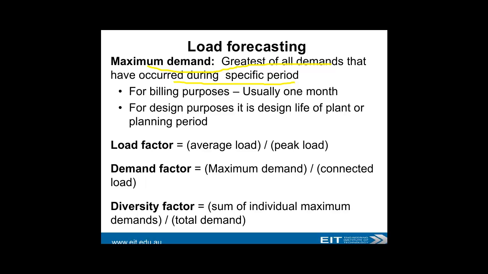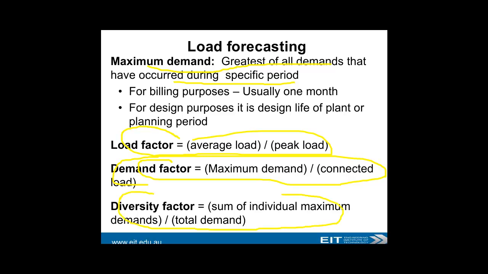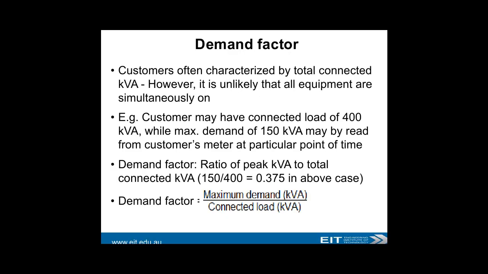Load factor is the average load over the peak load. Demand factor, maximum load over connected load. And diversity factor is the sum of individual maximum demands over total demand. So demand factor is maximum demand over connected. So for example here, I'm not going to go through these calculations, they're on the slides, but you may have a connected load of 400 kVA, while the maximum demand of 150 kVA may be read from customers' meter at a particular time.